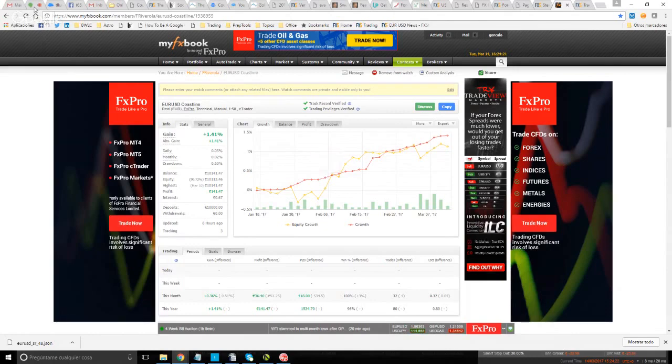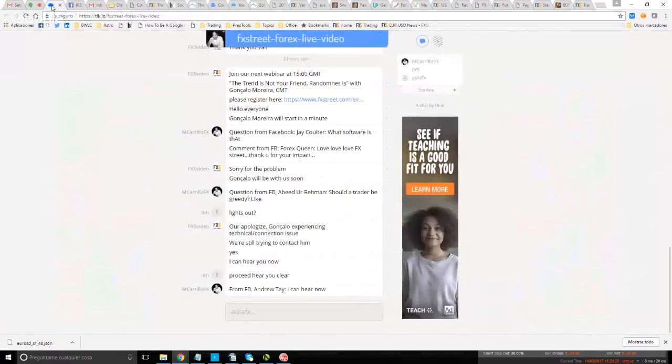So in response to the question of whether one should be greedy, I think one should be rather smart than greedy. And usually, since the majority of market participants perhaps are displaying greedy behavior, you should be doing the opposite.